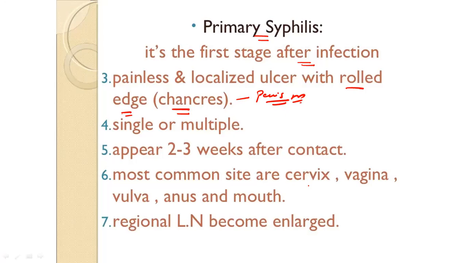The most common sites are the cervix, vagina, anus, and mouth. So there are oral chancres also. They may be single or multiple, and may appear 2 to 3 weeks after contact. In this case, there is enlargement of the regional lymph nodes, right? So just remember that primary syphilis has chancres.